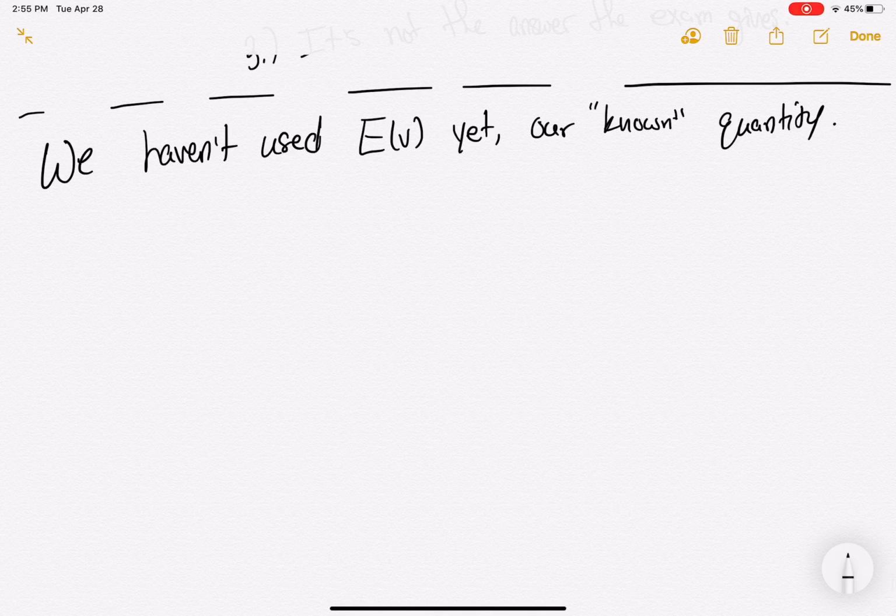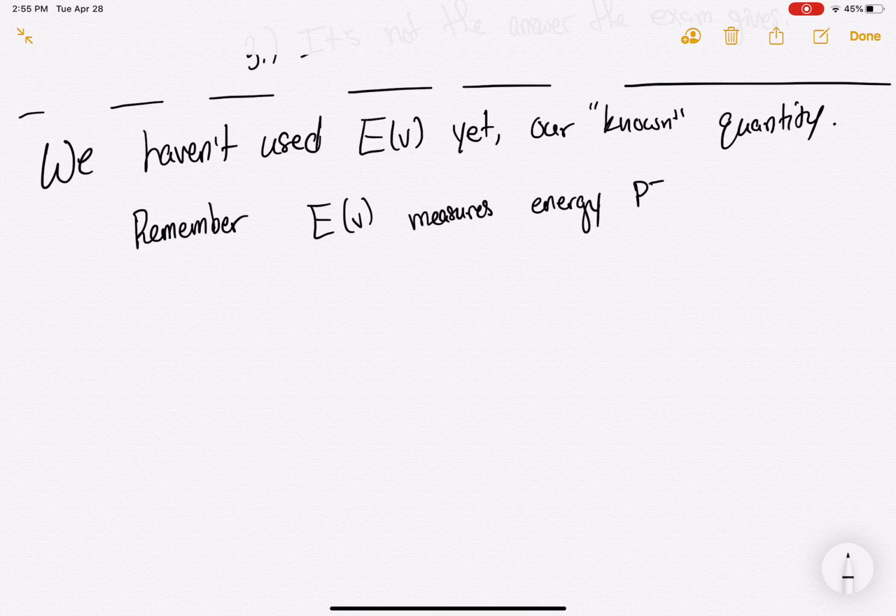So we want to remember that E of V measures energy per hour.